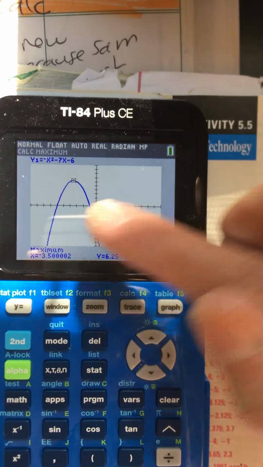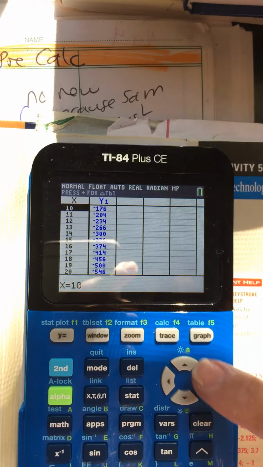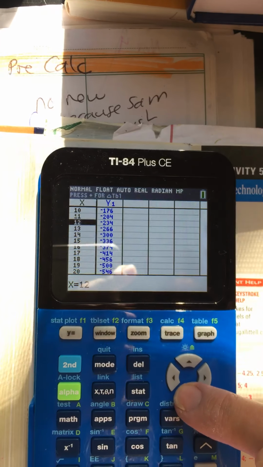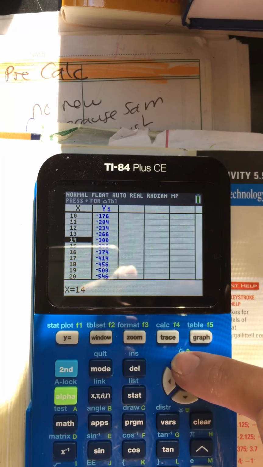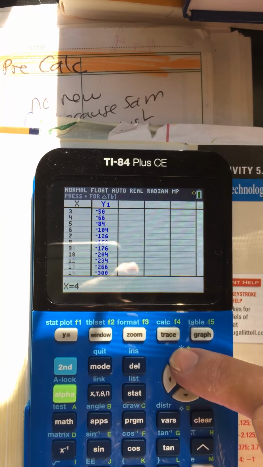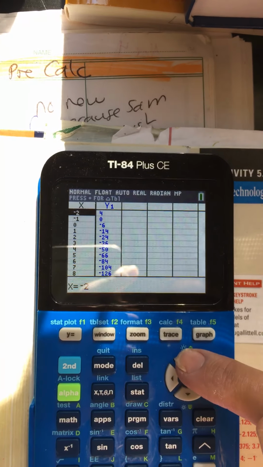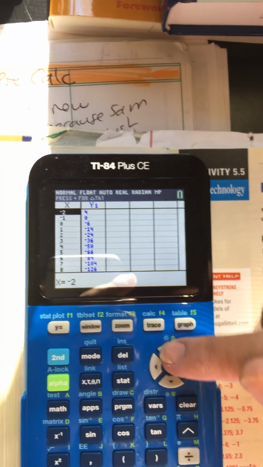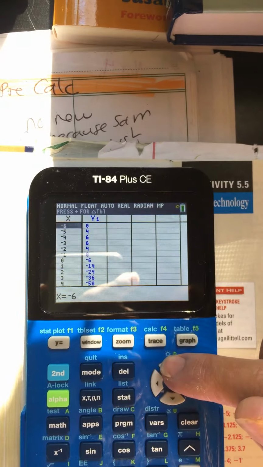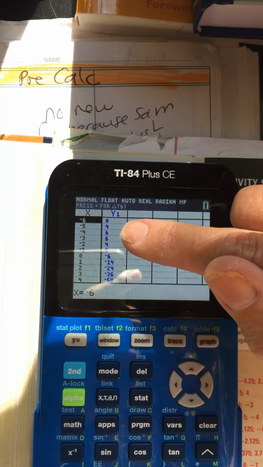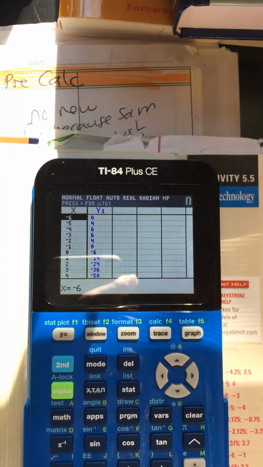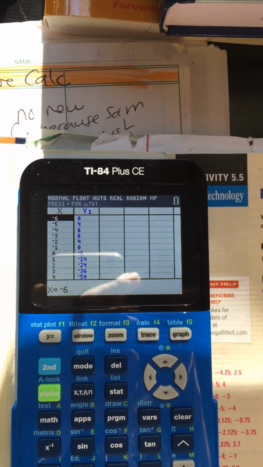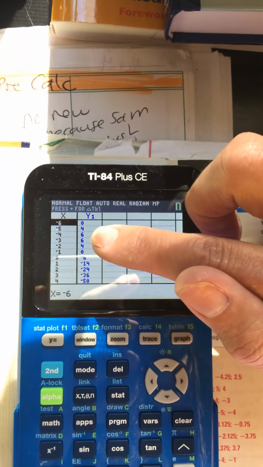So I'm going to go second graph, and I can look at the values, and I can scroll, and I can figure out where it seems to reach the maximum and minimum. So if you look here, it looks like it's got its little peak there between negative 3 and negative 4. But I can't tell exactly what it is.